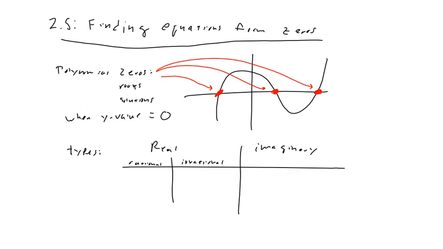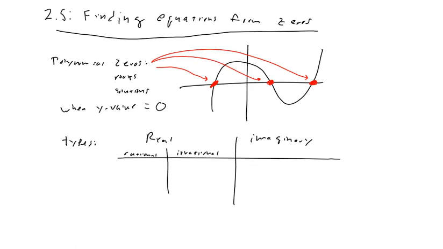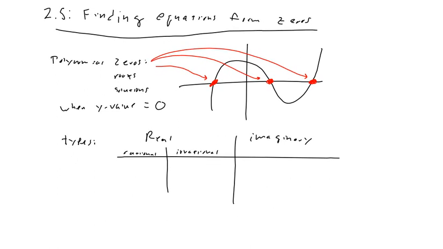And from this, we made our charts where we talked about how the number of zeros is equal to the degree of the polynomial. The total number was equal to the degree.